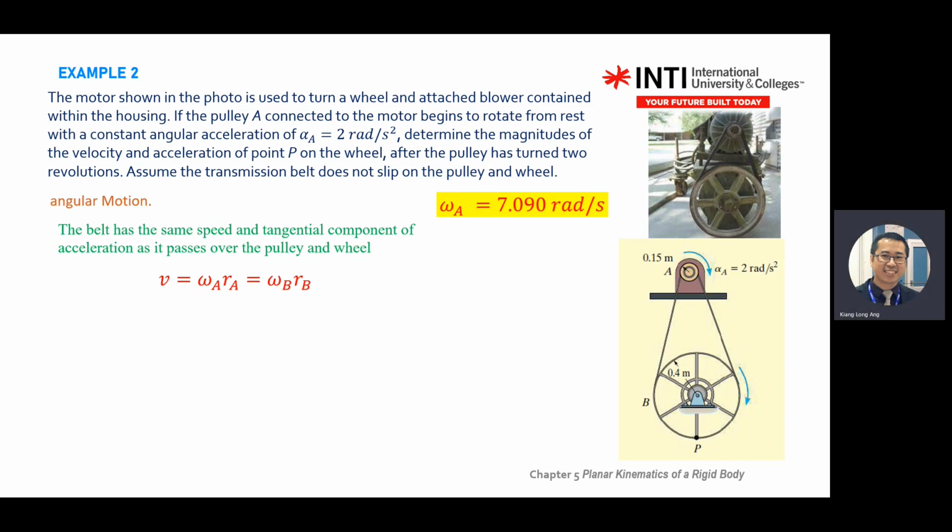Rigid body, just now, since the second or third slide, your A and B will have the same velocity. The belt moves at the same speed.